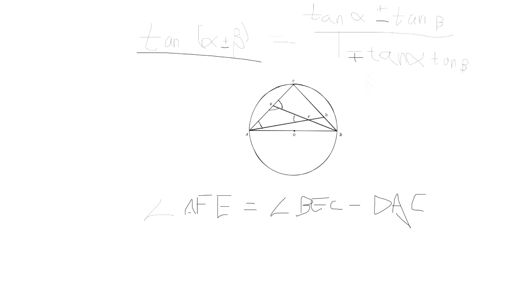Tan DAC is 3/4. And then if we plug these values into this formula, we get tan of A minus B is 1/2. And then the answer is just 2 times 1/2, which is 1. So the answer is basically 1.